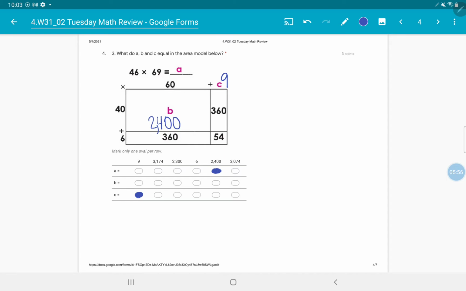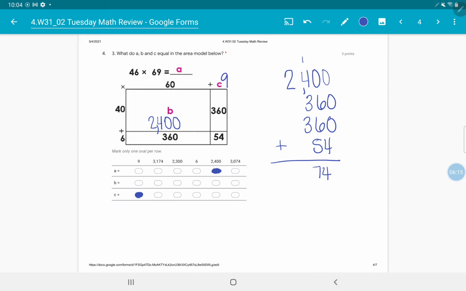Okay, so we just have to add up all the parts or the partial products: 2,400, 360, 360, and 54. And when we do that, we get the answer 3,174.